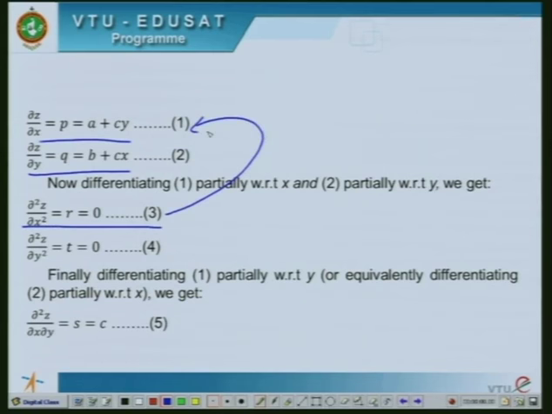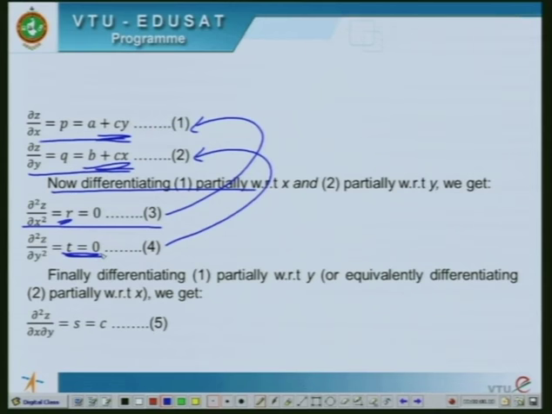So, go to this, differentiating expression 1 partially with respect to x, I get dou square z by dou x square, which by notation is r, equal to, there is no x in this, so it is 0. Next, to get dou square z by dou y square, you differentiate dou z by dou y again with respect to y partially. So, I get dou square z by dou y square, it does not contain y in this. So, again that value is 0, which is equal to t.